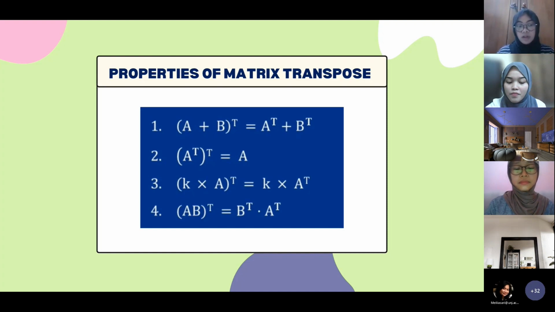The transpose of the product of scalar K multiplied by matrix A equals scalar K multiplied by the transpose of matrix A. 4. The transpose of the product of A multiplied by B equals the transpose of matrix B multiplied by the transpose of matrix A.